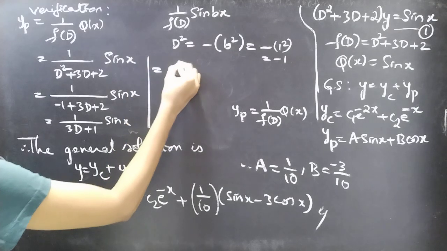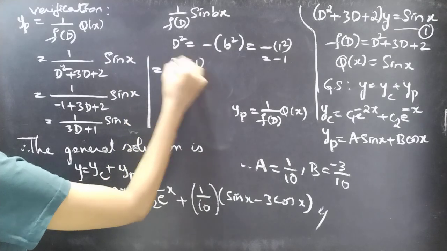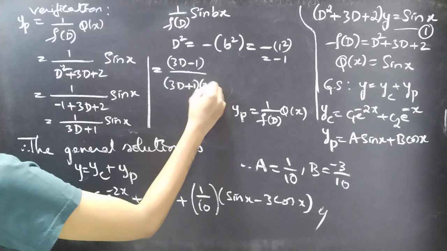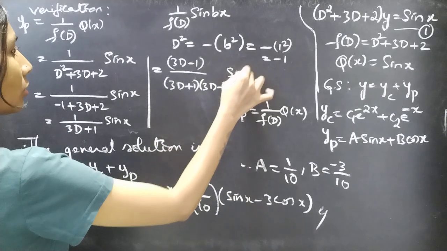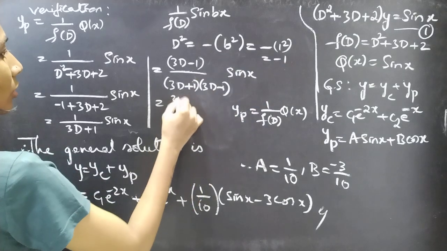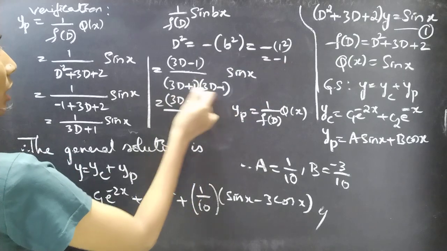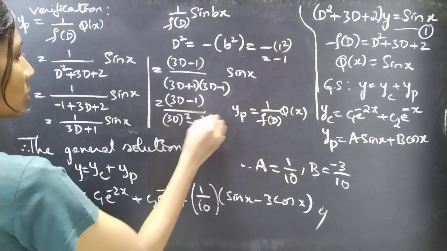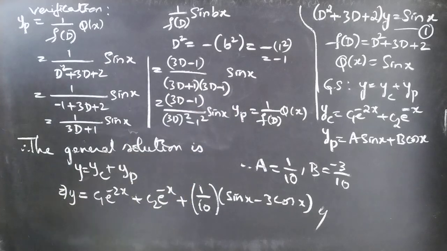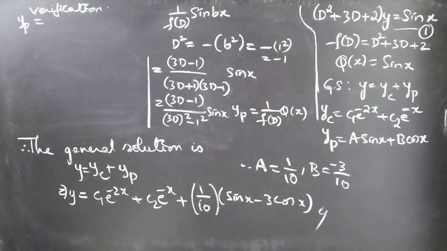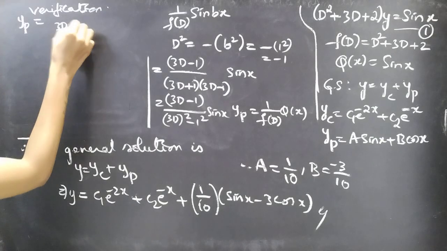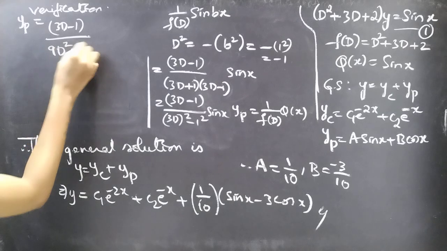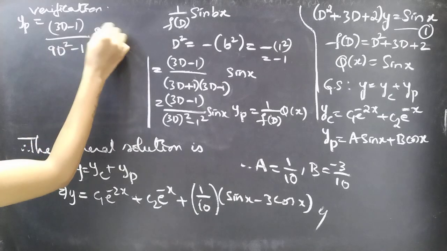Now multiply and divide 3d minus 1 to the fraction. You'll get 3d minus 1 by, this is of a plus b into a minus b form, right? You'll get a square minus b square, which gives us 3d minus 1 by 3d square is 9d square minus 1 into sin x.